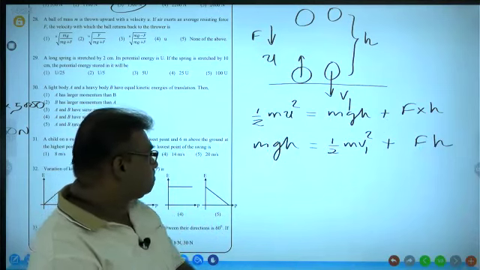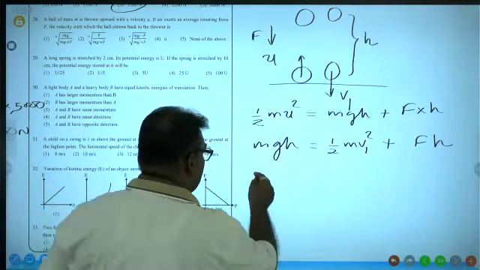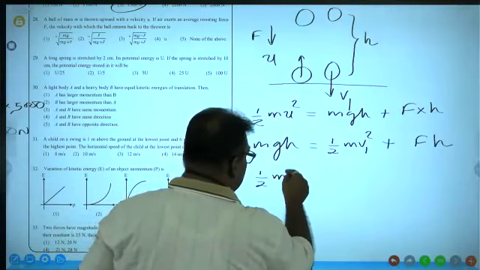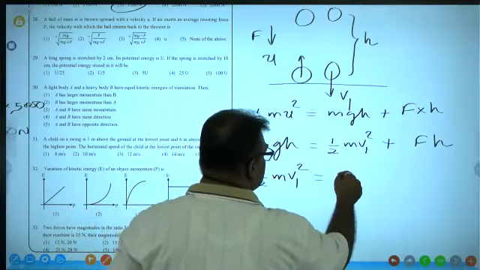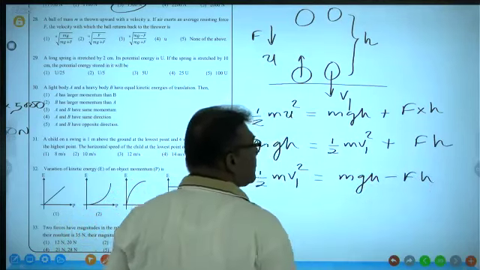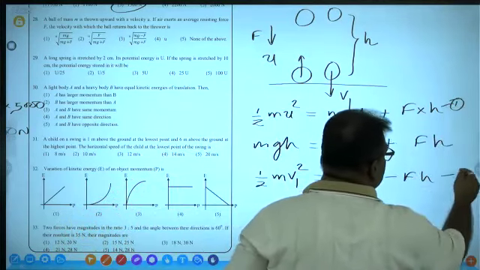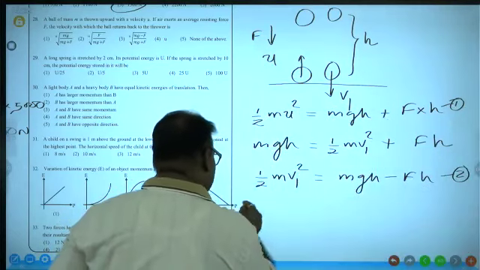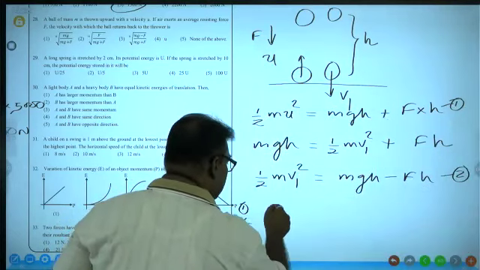Then, half m v1 squared equals mgh minus fh. Let this be the first one, this the second one. Can we divide first by second? How?